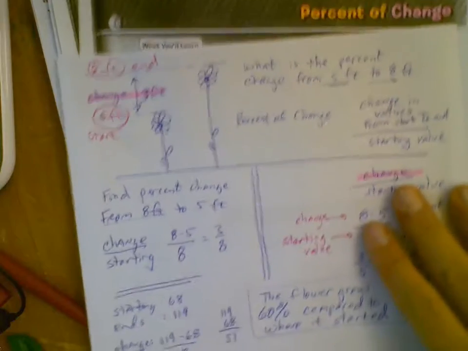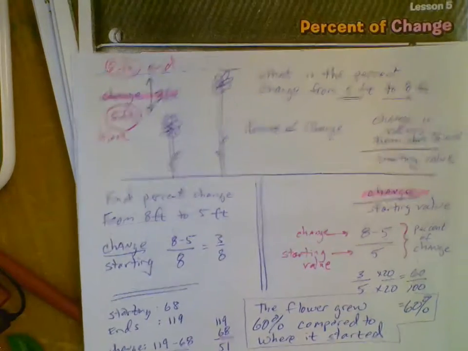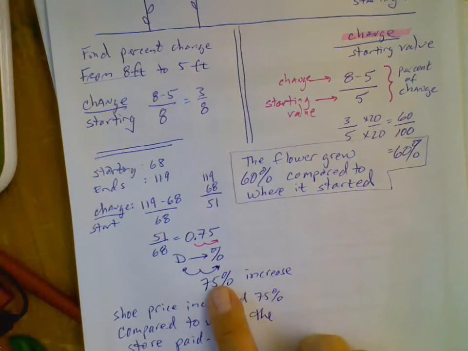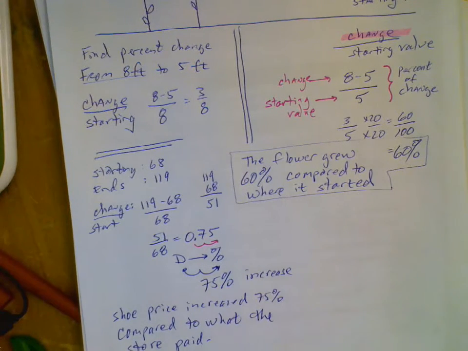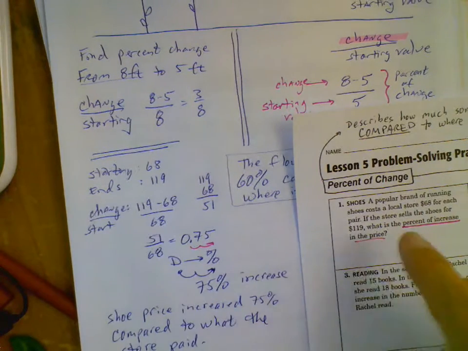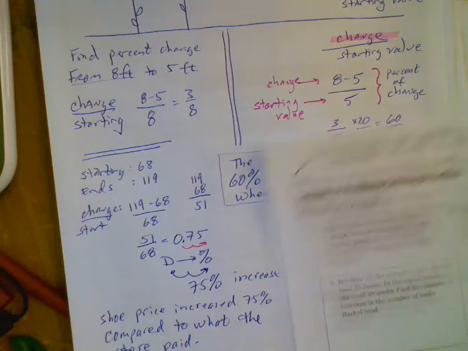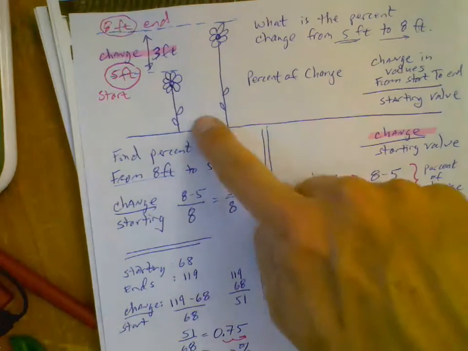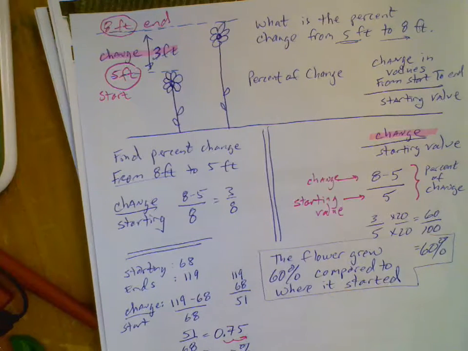When you think about the answers, what you want to do is take a look at your answer and think about it in terms of the original problem. So what does this 75% have to do with this problem? And the 60% I got right here, what does it have to do with this problem of how much the flour changed by?